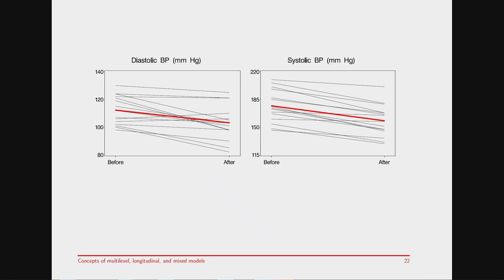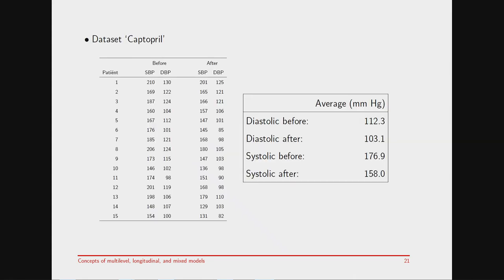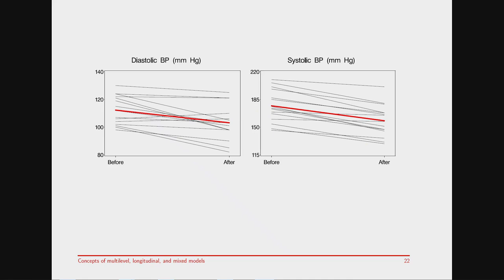And that's important information. Why is that important information? Well, we will come to that, but what you see here, for example, for diastolic blood pressure is for each subject a black line. The red line connects the averages. So the average blood pressure before and the average blood pressure after, so that's the 112 and the 103 here, which are connected.